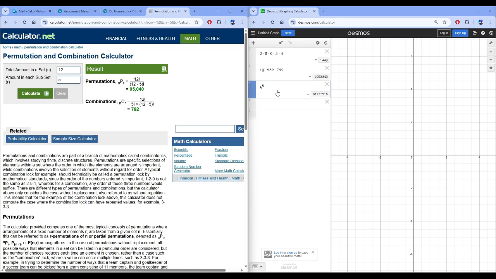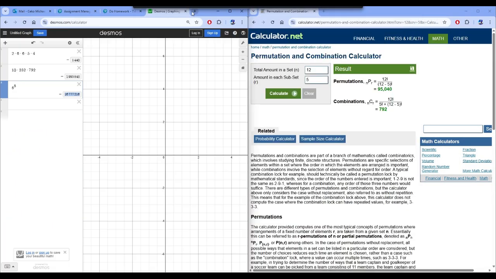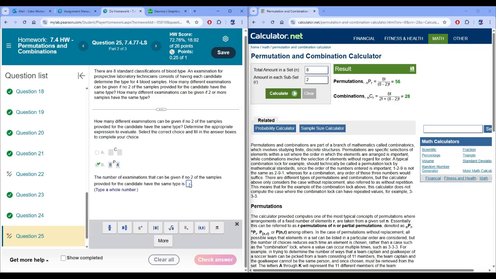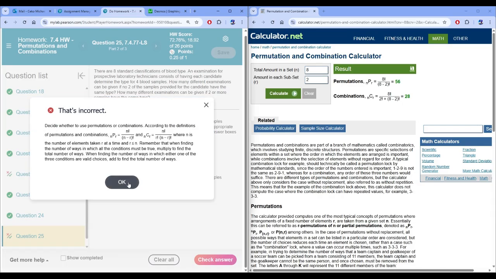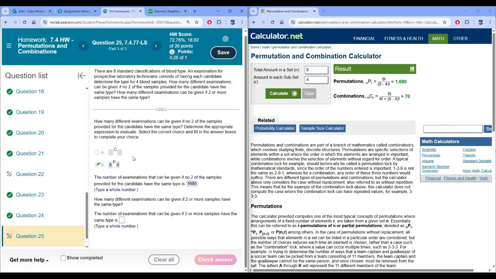Let's do. Oh, I took the wrong one. Oops. I didn't want Desmos here. Let's put that back. Let's go here. What is 8 pick 2? Calculate, 28. No. 8 pick 4. 1680, 1680. There we go.